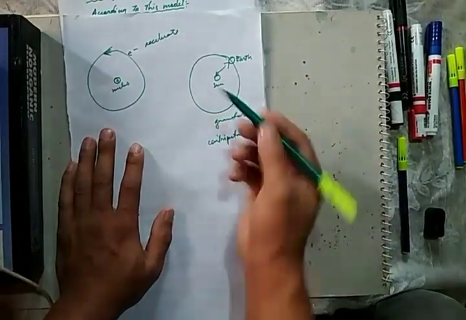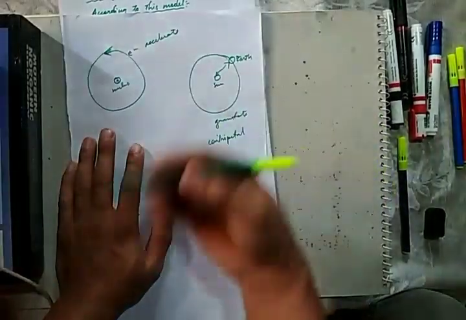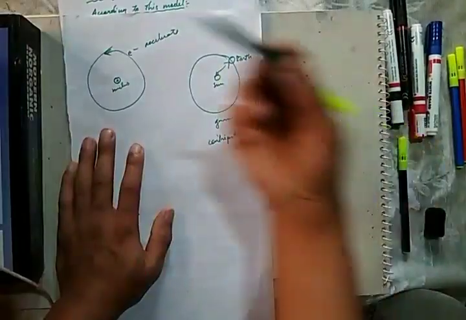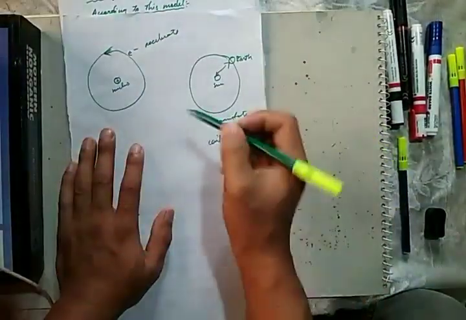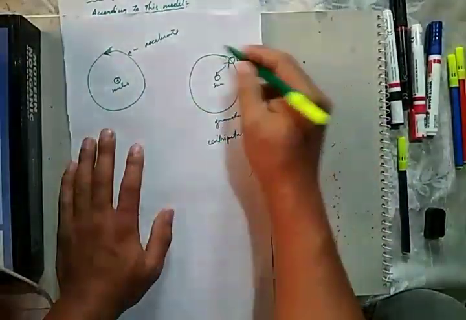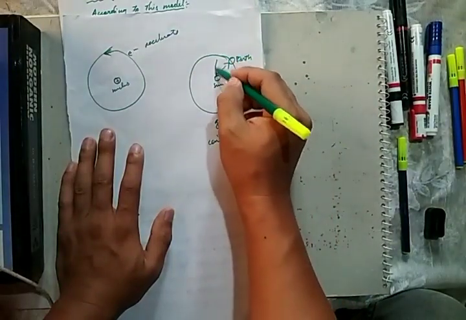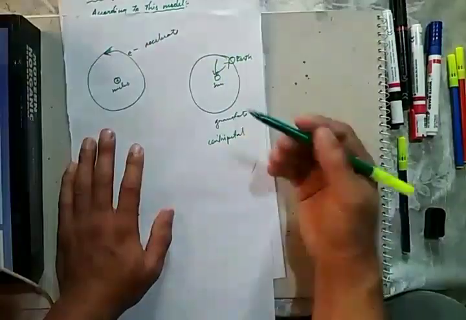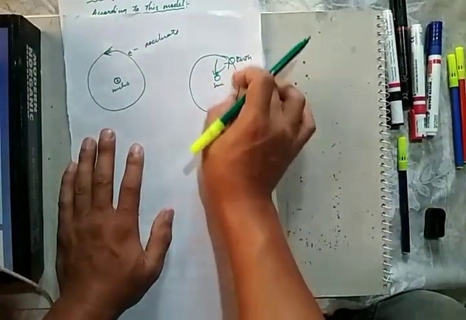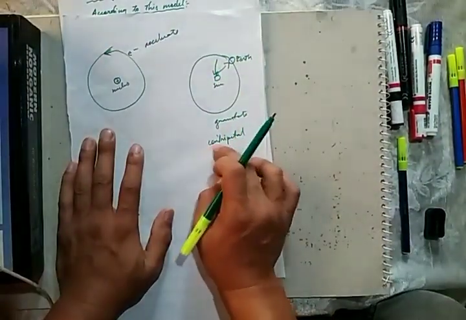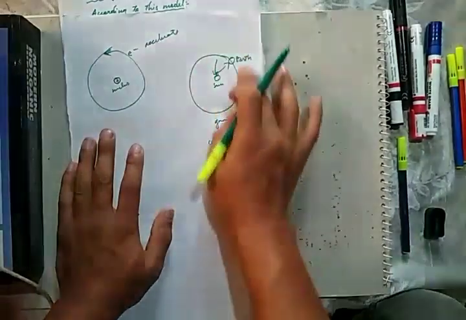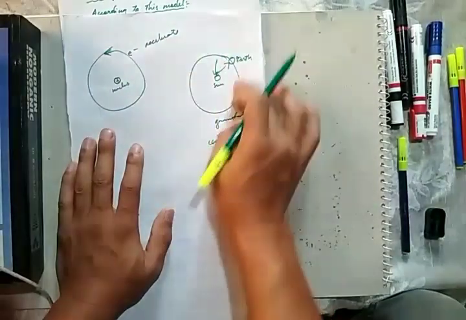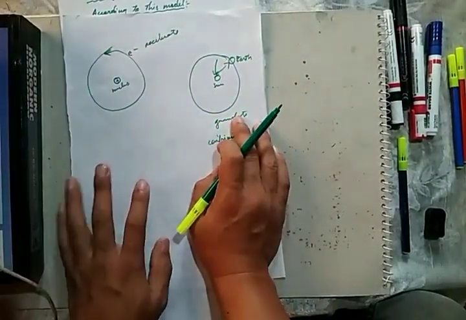When you apply force, it moves in a circular path; it will not come to the center, but will move away. So the Earth revolves around the sun due to gravitational force.